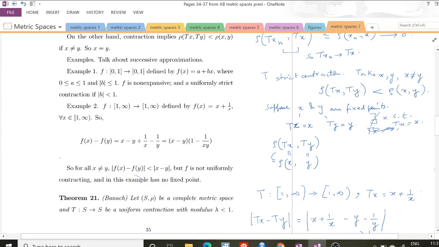Tx we know is x plus 1 by x. So there is no x such that x plus 1 by x is equal to x. So no fixed point.